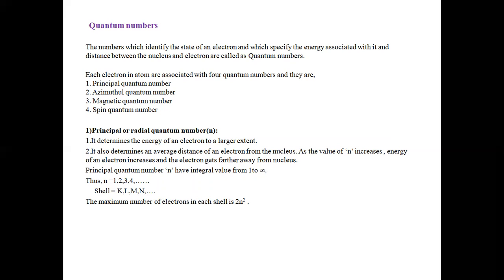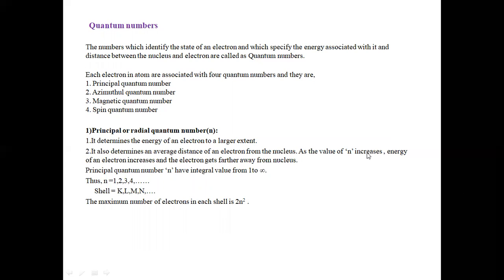So this principal quantum number helps us to determine the average distance of the electron from the nucleus. That is, the distance between the nucleus and the electron can be determined by using the principal quantum number.